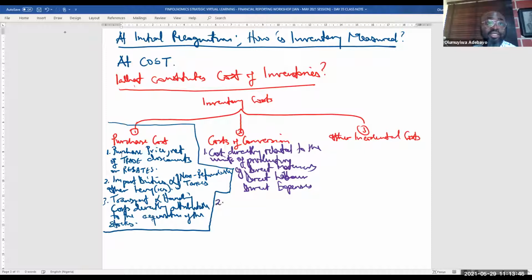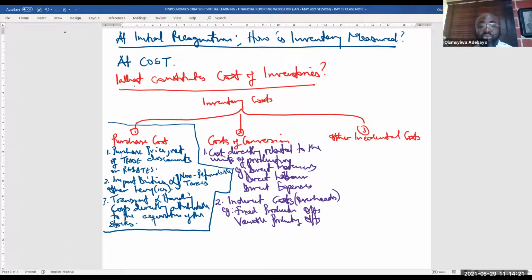Secondly, other than the direct costs, you also have indirect costs, which are known as overheads. And these overheads may include fixed production overheads and variable production overheads.